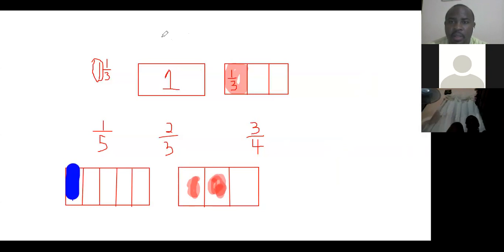Clear the board? Zaria, so tell me, is a mixed fraction entirely a fraction? Repeat again, sir. Is a mixed fraction entirely a fraction? No, sir. No. Why not?